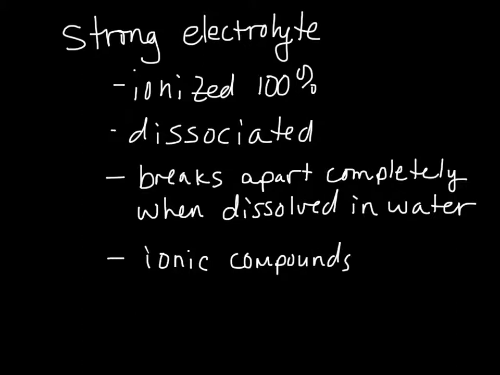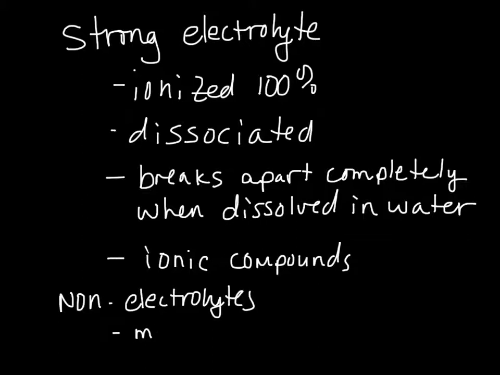We also have weak electrolytes. They get ionized, but not 100%. And then we have non-electrolytes, where they actually stay together. These are molecular compounds. So when sugar dissolves in water, it stays as a sugar molecule. It's not ripped apart into carbon, hydrogen, and oxygen.